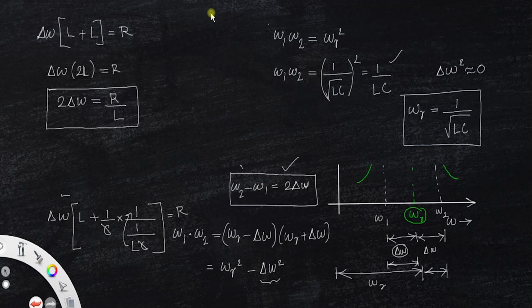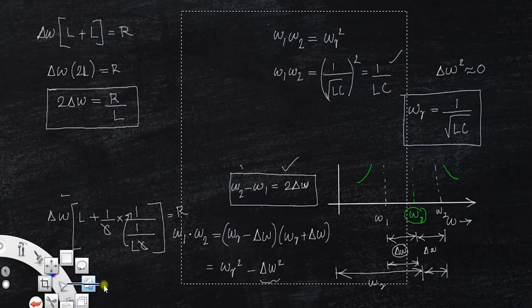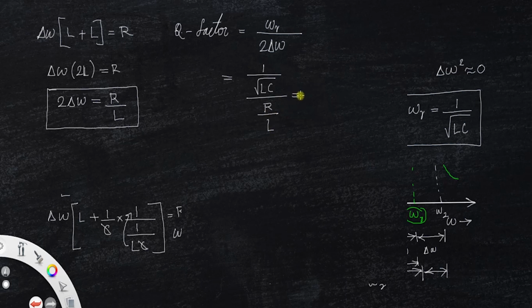Now let's take the expression of quality factor. We know Q factor is equal to the ratio of resonant frequency by the bandwidth. So resonant frequency is 1 by root LC divided by 2 delta omega, which is R by L. This can be written as 1 by root of LC into L by R, as this L moves to the numerator.